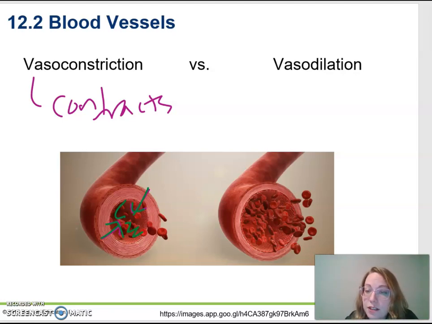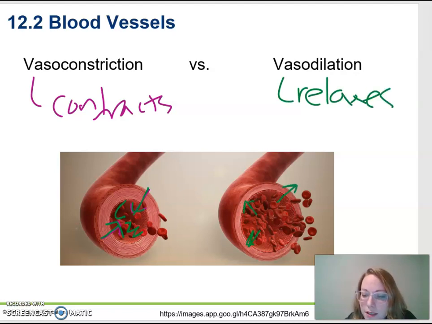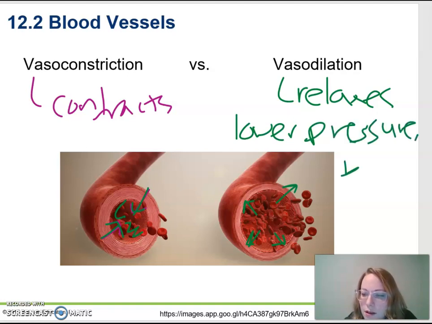And vasodilation is when that vessel relaxes. So there's a larger lumen, there's less pressure, bigger space. Bigger lumen. So you would expect more blood flow there.